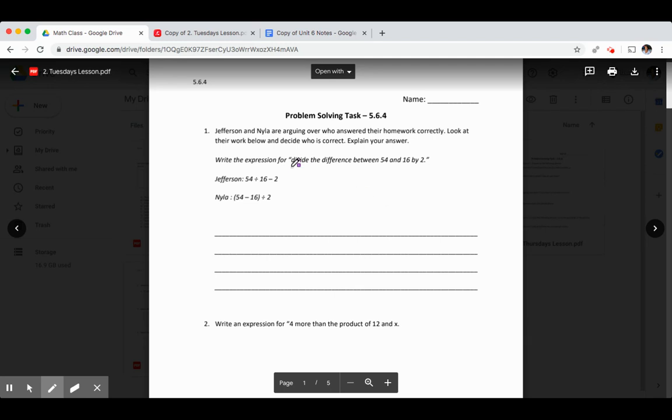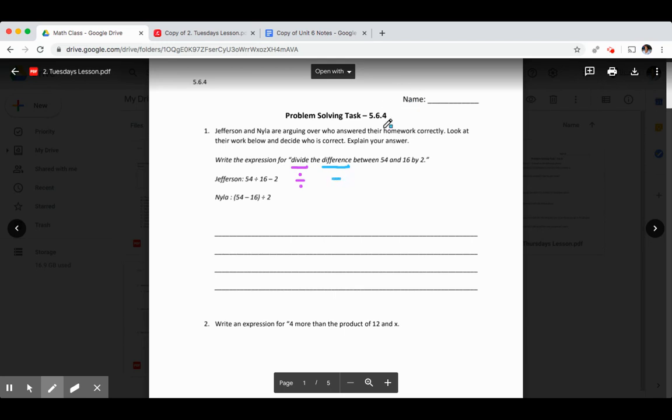Right, I see the word divide, which tells me that there's going to be division involved. Do you see any other keywords? Good, I also see the word difference. And the word difference is telling us that we're going to be subtracting.